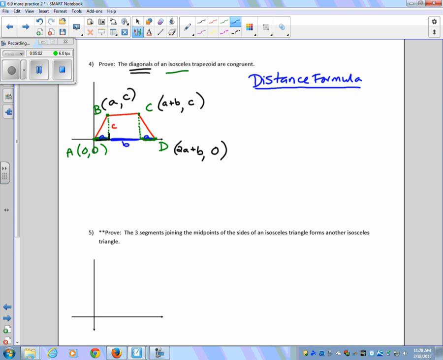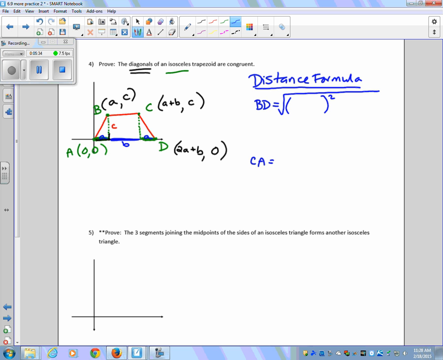And we're going to find the length of what segments? BD and CA. Well, the distance formula says subtract the x's and square it.